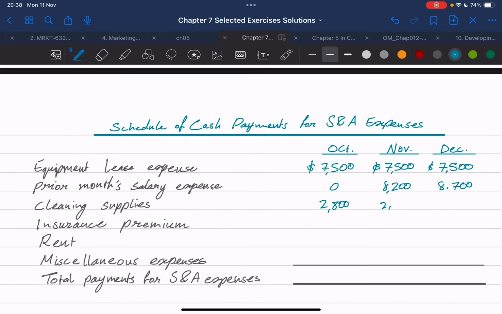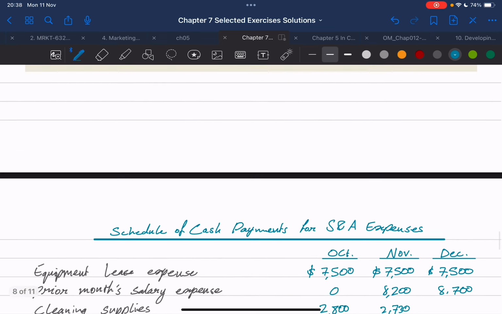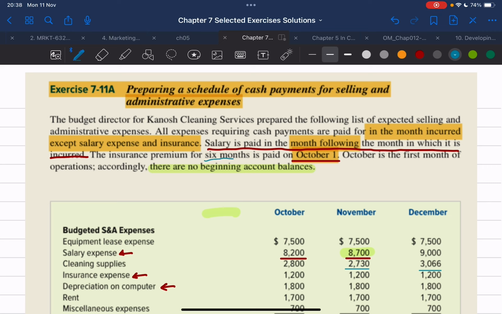And for December, it's going to be $3,066.